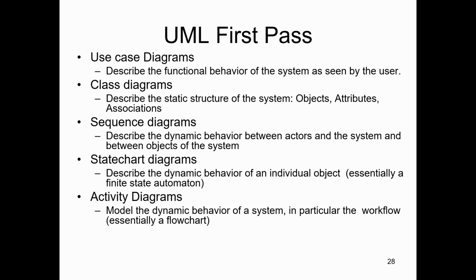Then, to show how this pattern structure actually gets certain functionality done, we can use a sequence diagram to illustrate how they communicate with each other, how they send messages back and forth, so that eventually we get the result we want.